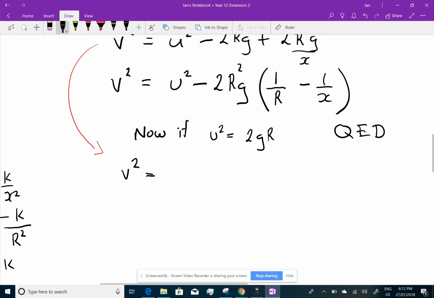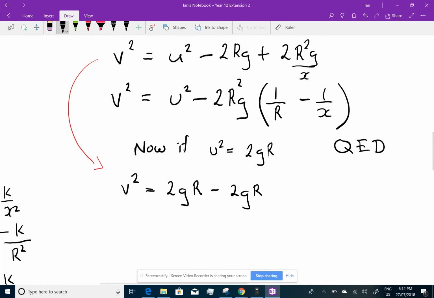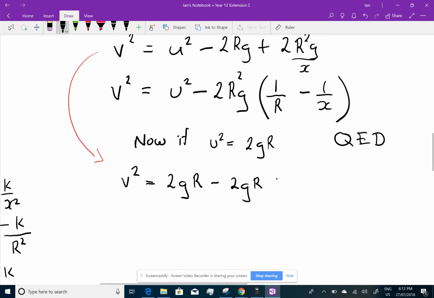I'm going to put in 2gr minus 2gr, and note, I'm using this one up here, plus 2r squared g on x. And wow, look at that. That goes and that goes.